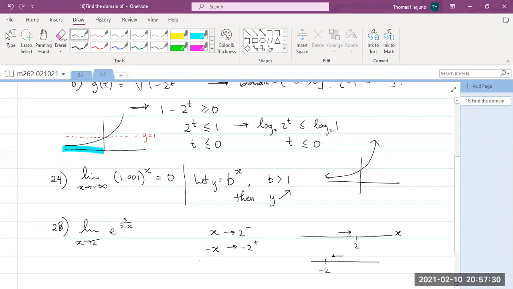Then 2 minus x will be approaching, you add 2, that's approaching 0 from the right-hand side.